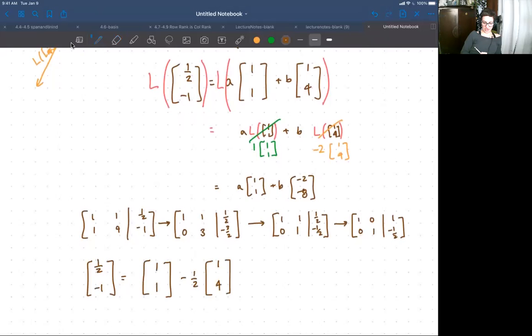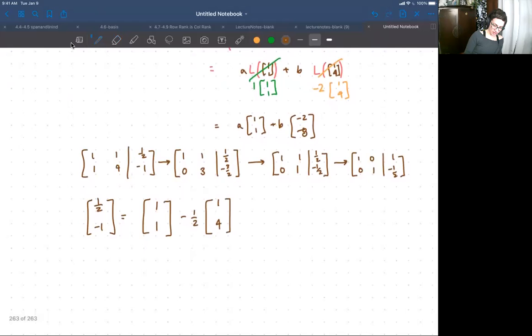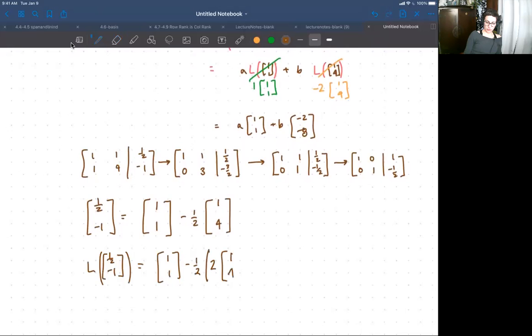Let's see, do I believe that? I sort of believe that. I get a 1/2 up top, and then I get 1 minus 2. Yeah, so I believe that. And so that tells me then the L of (1/2, -1) is the delightfully easy to calculate (1, 1) minus 1/2 times 2 times (1, 4).